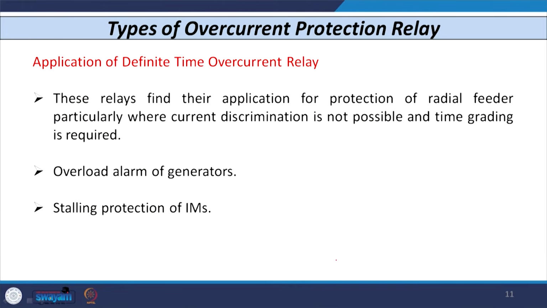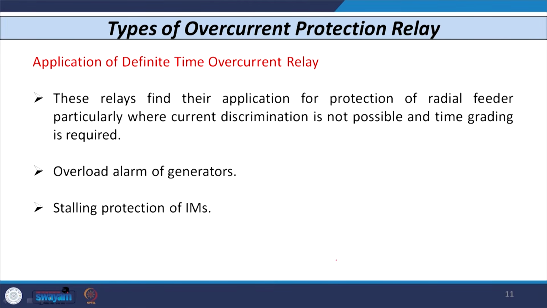What is the application of definite minimum time overcurrent relay? These relays find their application in the protection of radial feeders, where current discrimination normally is not possible and you have to use some other type of discrimination, that is time discrimination. Sometimes this type of relay is also used for giving overload alarm of generators or induction motors.